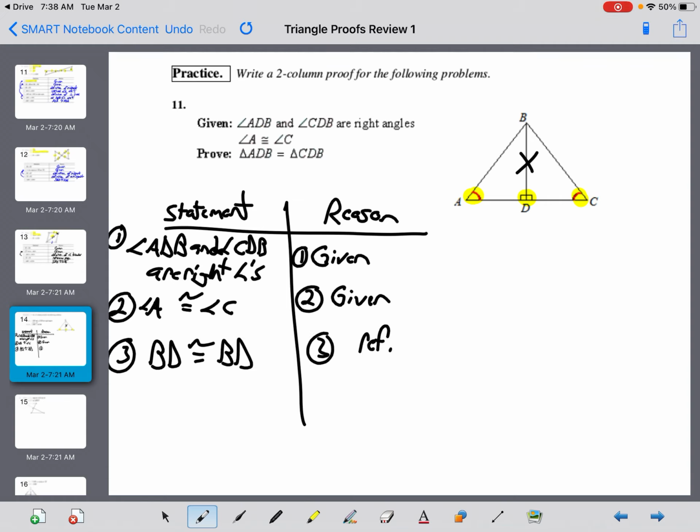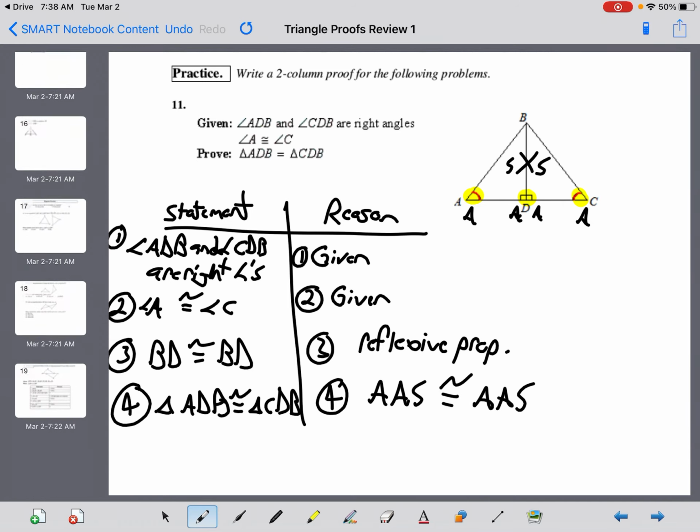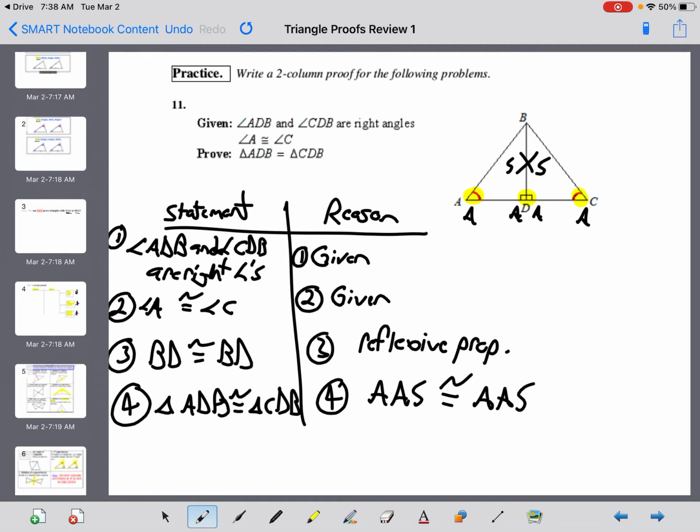And we call that reflexive. I see angle, angle, side, angle, angle, side. Triangle ADB is congruent to triangle CDB by angle, angle, side being congruent to angle, angle, side. Work on the rest on your own and submit it when you are completed.